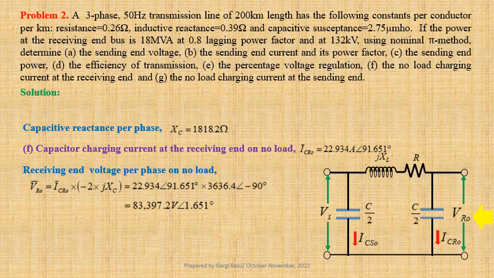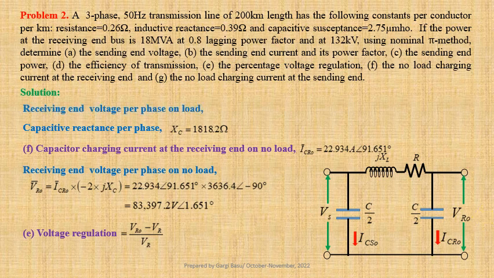Now we shall determine voltage regulation, that is equal to VRO minus VR divided by VR. We have obtained receiving end voltage per phase on load VR equals to 76,210 volts.